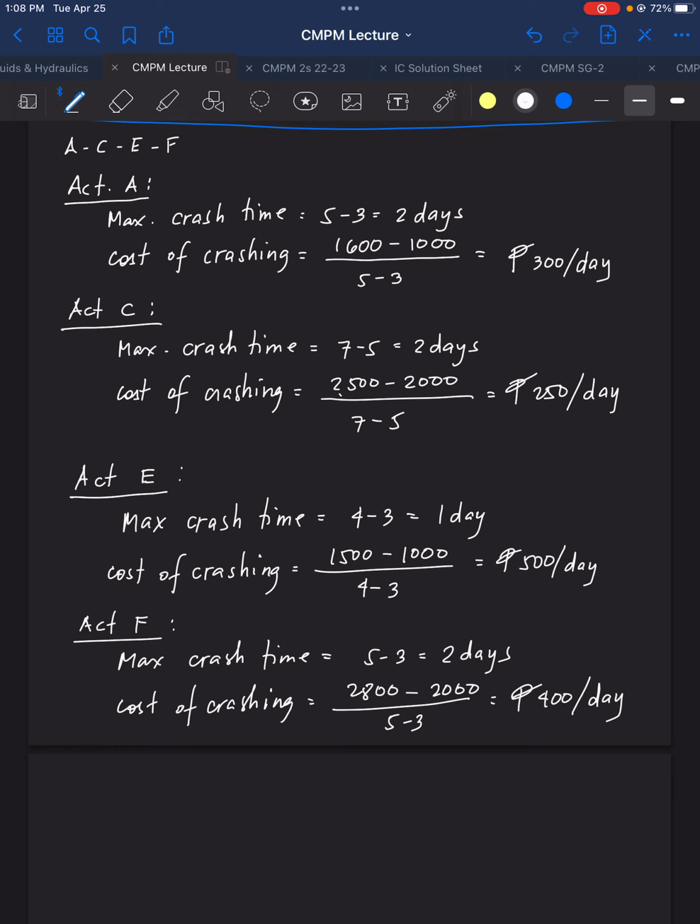Okay, so from this, which is the most cost-efficient or cost-effective activity to crash first?